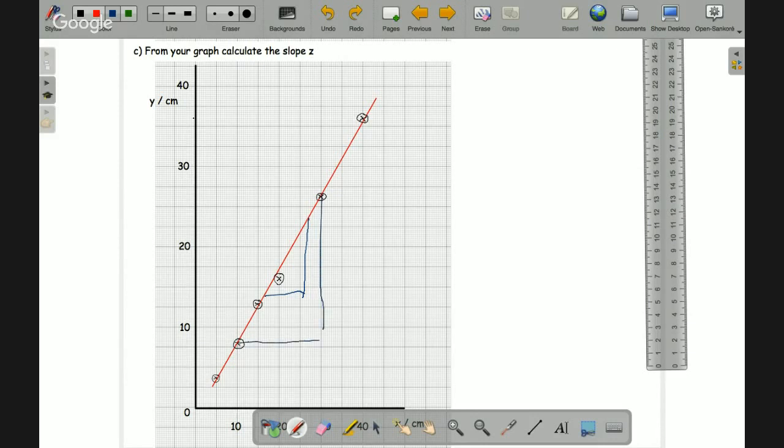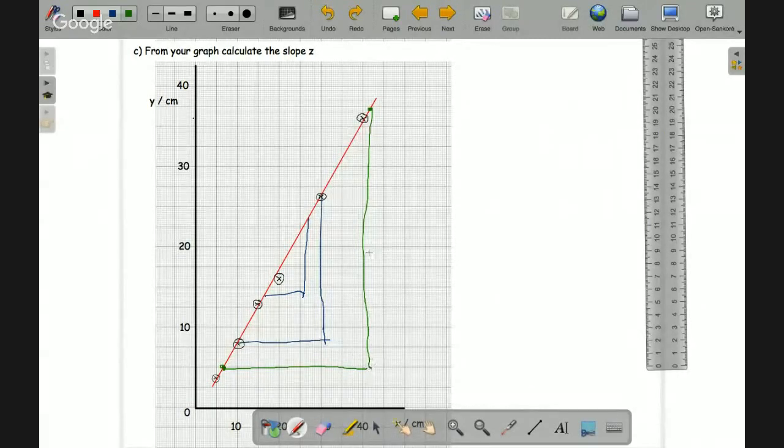Your aim is to use any points on the line as far apart as possible, to give you as large a triangle as possible to find your gradient.